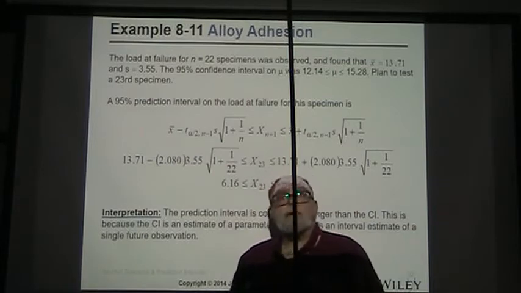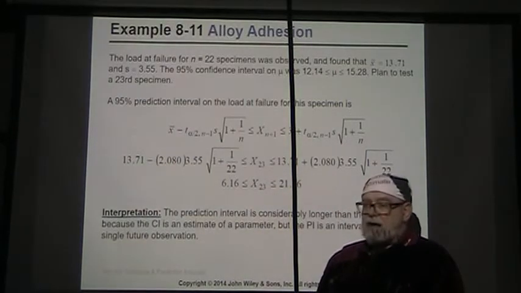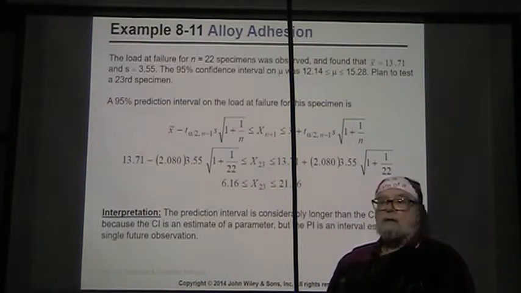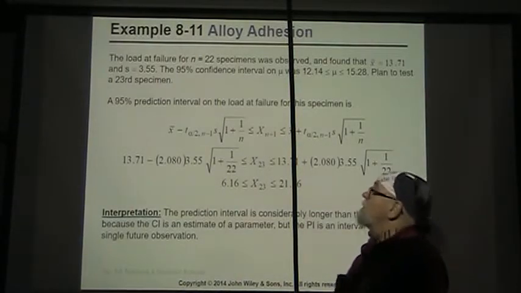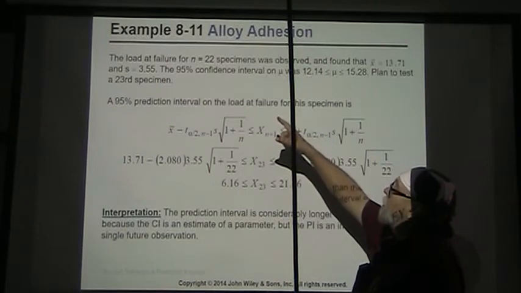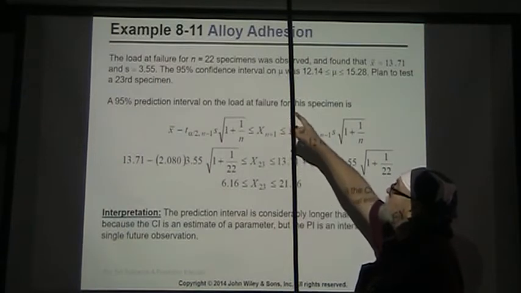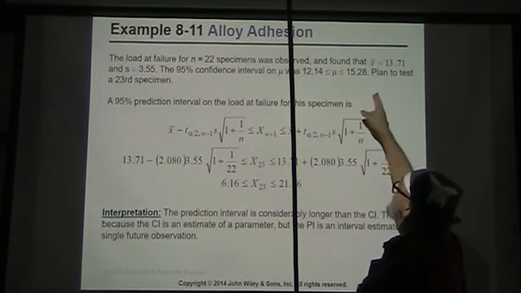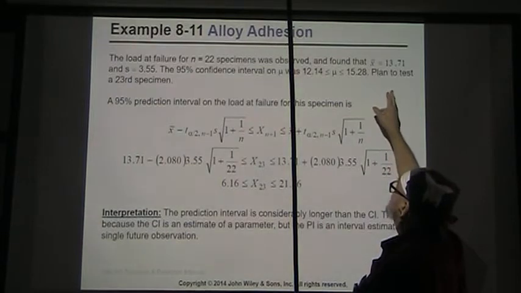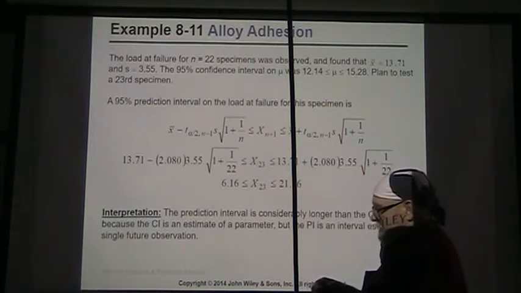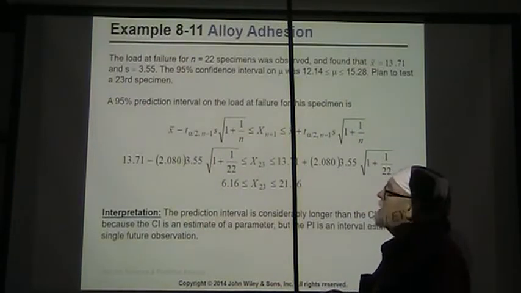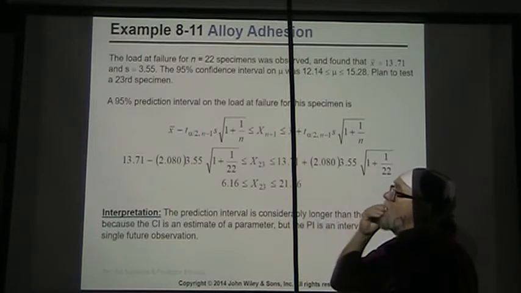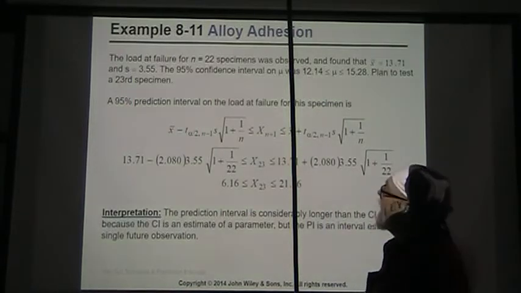Here they give us an example, 8-11, alloy adhesion. The load at failure for n equals 22 specimens was observed, and it was found that x bar equals 13.71 and sample standard deviation equals 3.55.